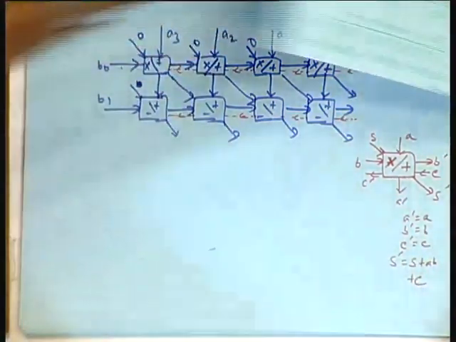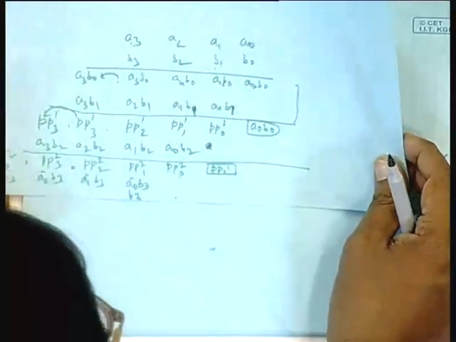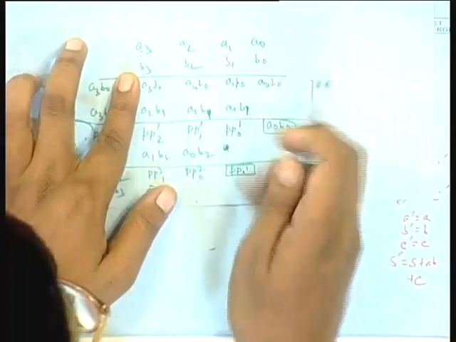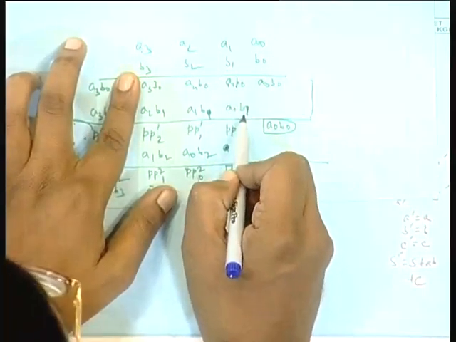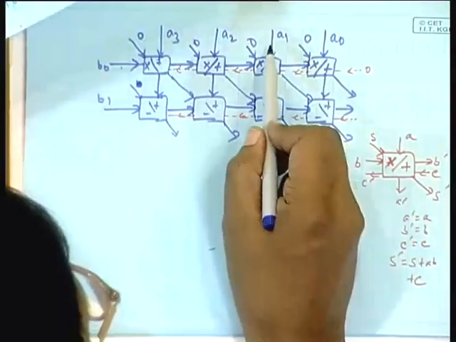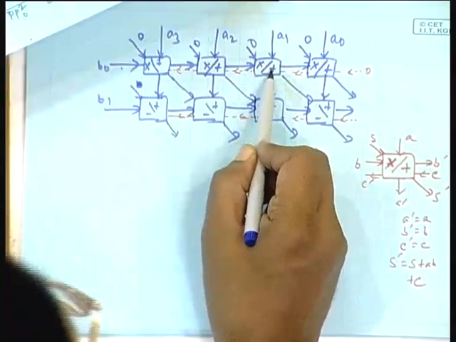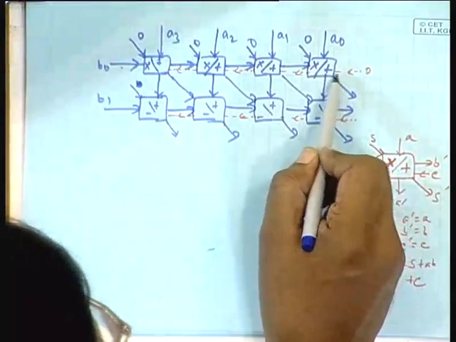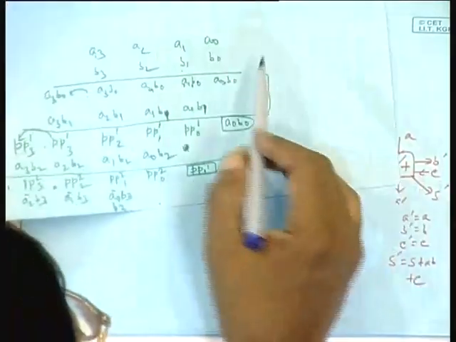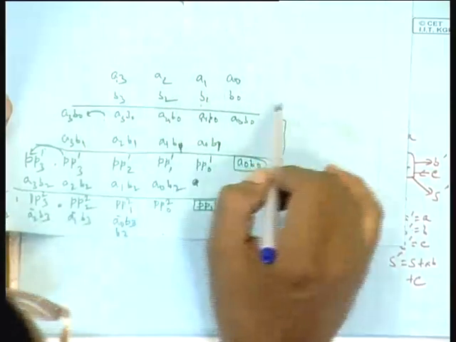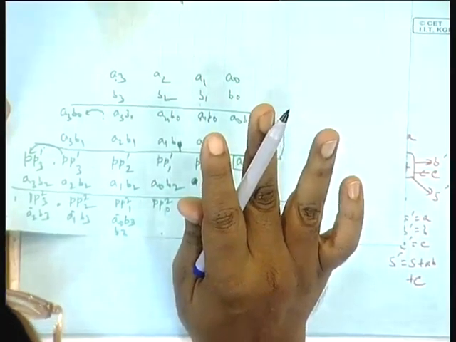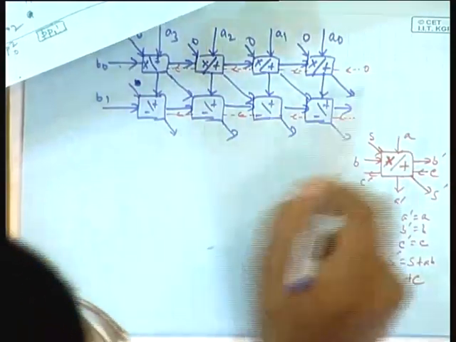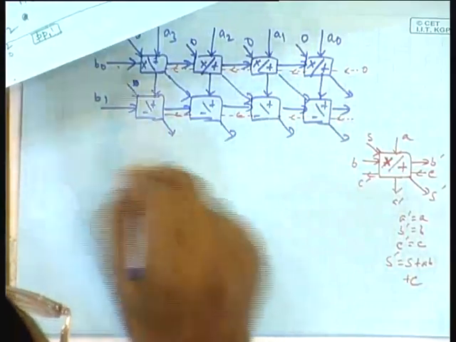Please see what is happening. This part was computed, this will be discarded. A1 B0 will be added with A0 B1. A1 B0 plus 0, because in the initial stage there is no carry, it is 0 for it propagates, because there is no other summation being carried out. Simply A0 B0, A1 B0, A2 B0, A3 B0, no addition actually, because addition with respect to 0 means no addition, therefore no carry.